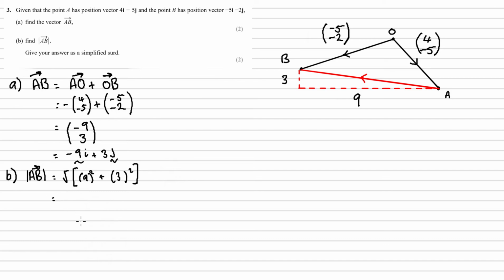So if you work that out, 9 squared is 81, 3 squared is 9, 81 plus 9 is 90, so this is the square root of 90. What I can do now is express 90 as a product of its two factors, 9 and 10, and now I know the square root of 9 is simply 3. So I know the magnitude of the vector A to B is 3 root 10.